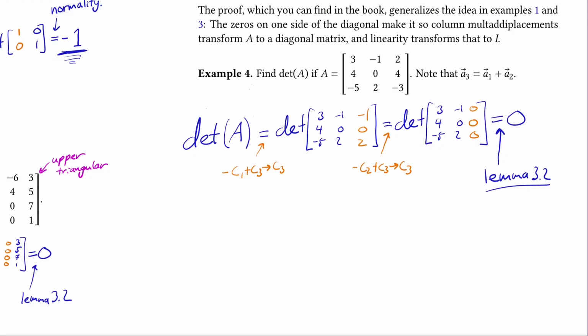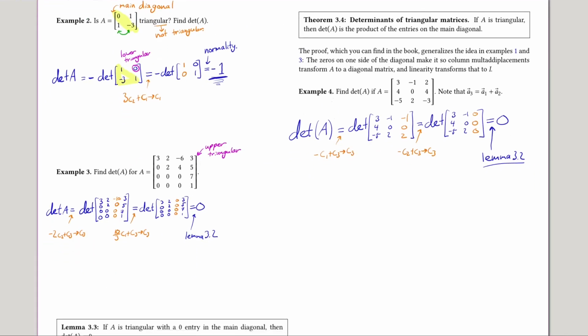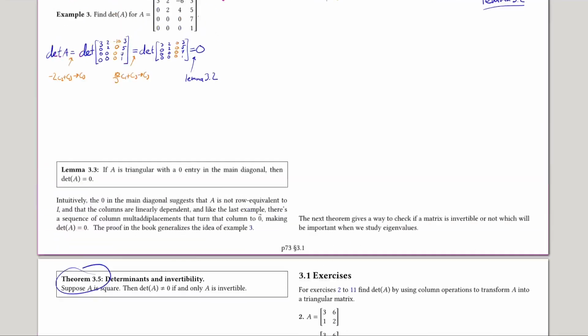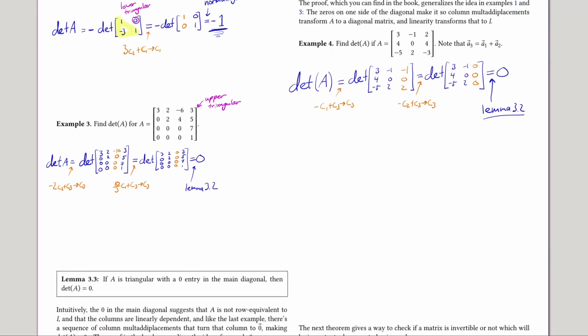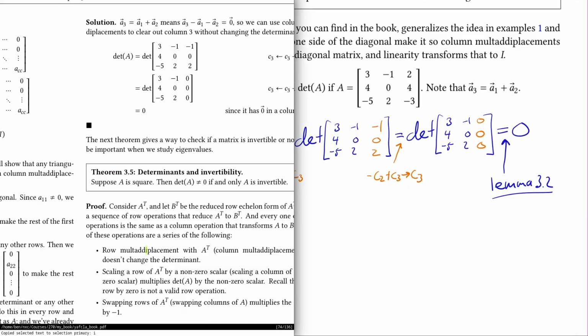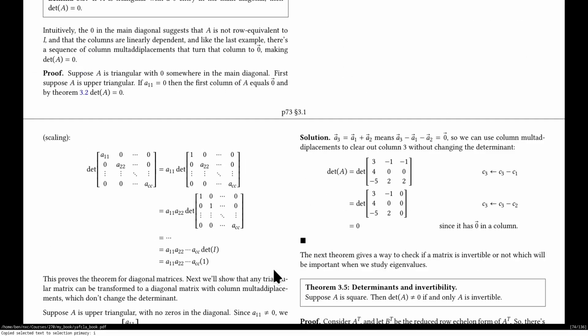Okay, so this is all sort of trying to justify theorem 3.5 here with some examples, that if you have a square matrix that is not invertible, well, by the way, how do we know that this makes it not invertible? If one of the columns is a linear combination of the other, that means the columns are linearly dependent.